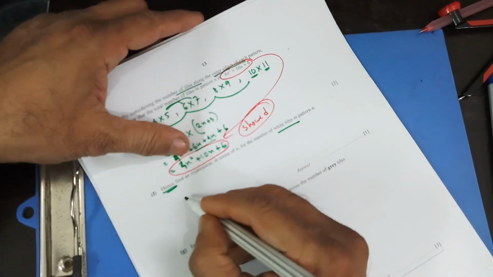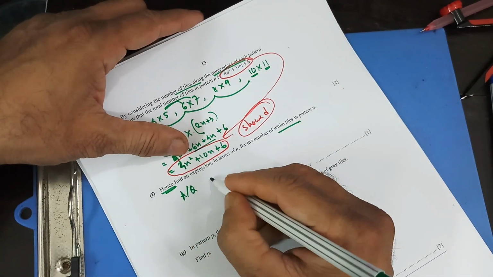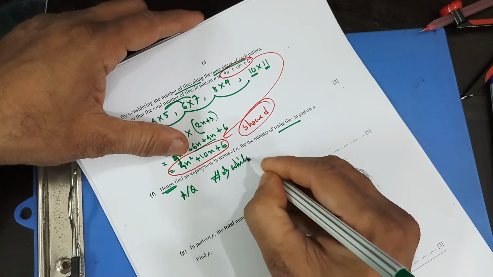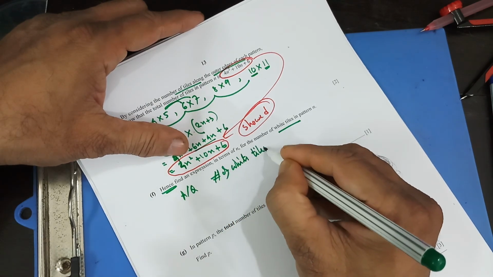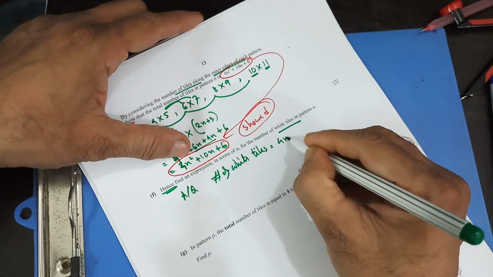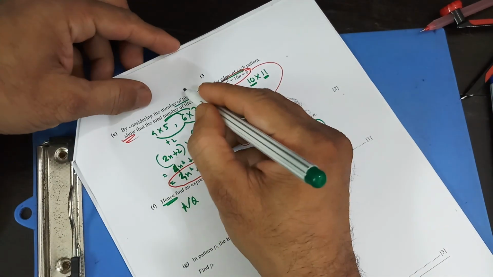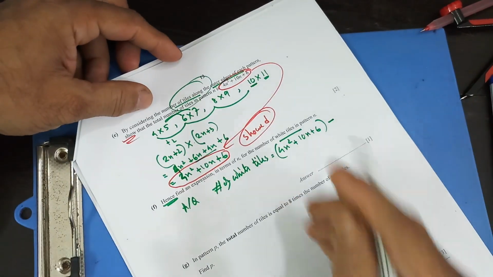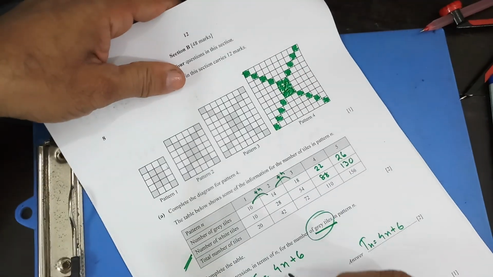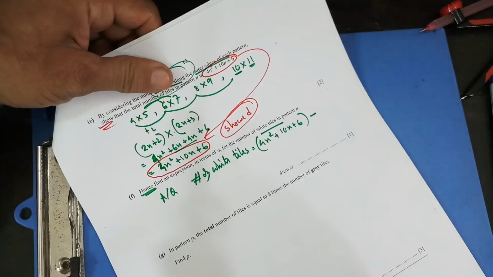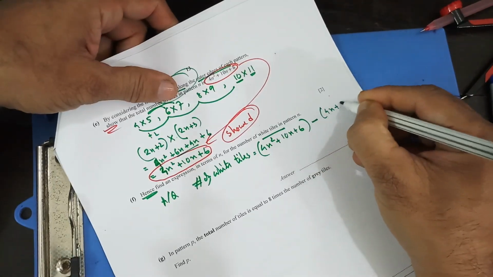It says hence. So according to the question, number of white tiles should be 4n squared plus 10n plus 6. That's total number of tiles minus gray tiles, and gray tiles, it was 4n plus 6, so minus the bracket 4n plus 6.